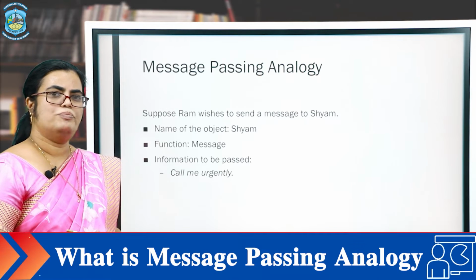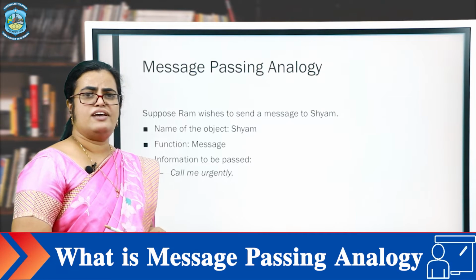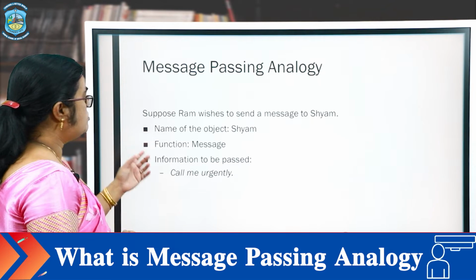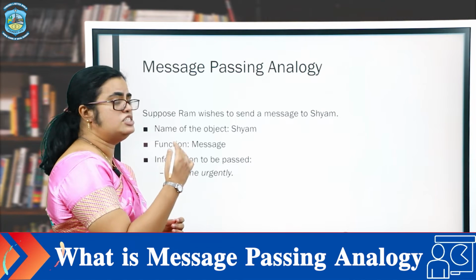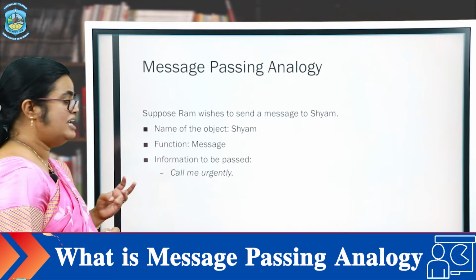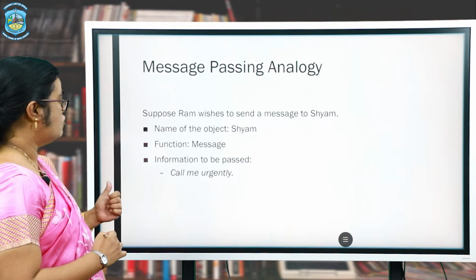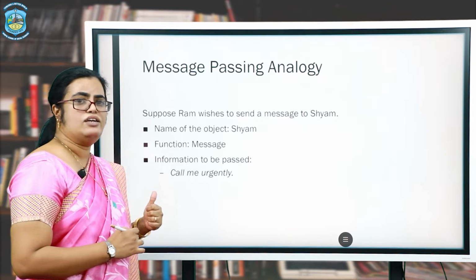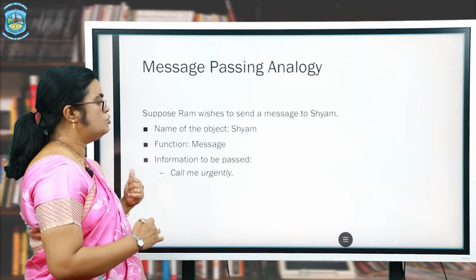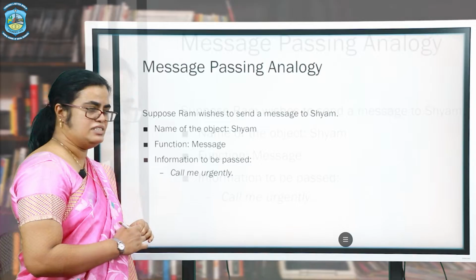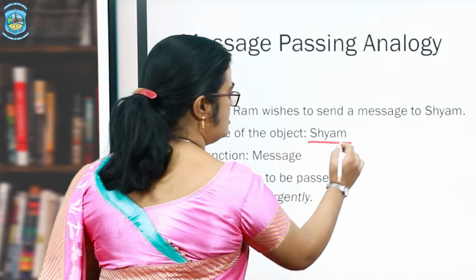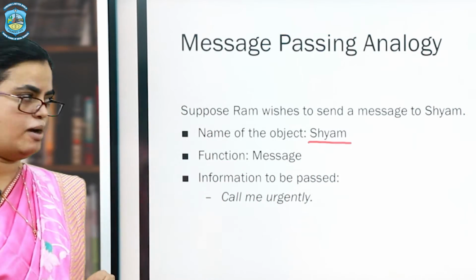So talking about message passing, let me share an analogy. Suppose Ram wishes to send a message to Shyam. There are three important things that Ram has to take care of. First of all, he needs to understand who is the object to which he is going to send the message. So here in this case, the object is going to be Shyam.